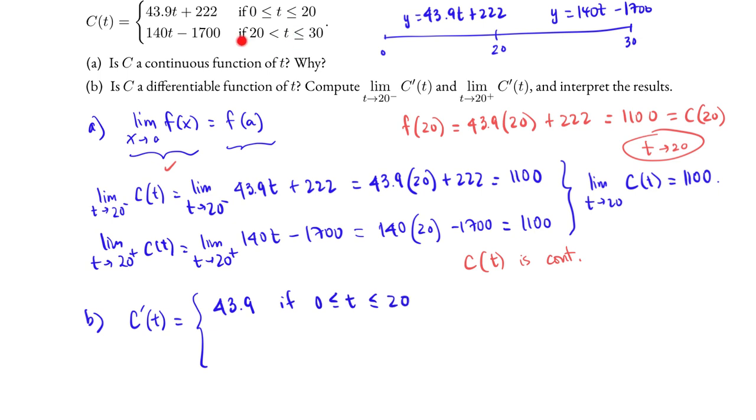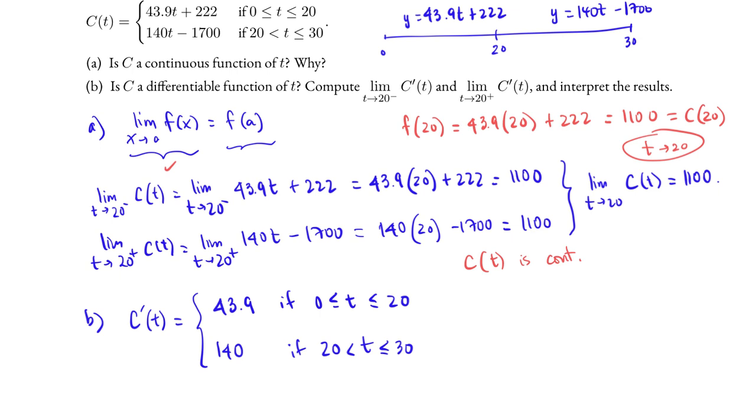Similarly, on the right-hand side of 20, for t between 20, not including 20, and up to 30, the derivative is 140, because again this is linear, and so the derivative is the slope of the line. The slope of this line is 140.